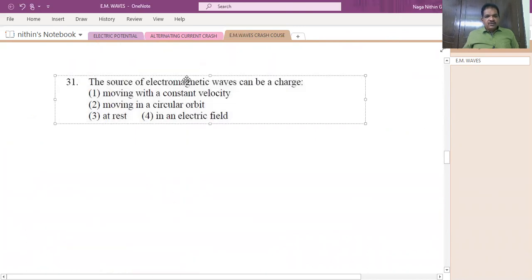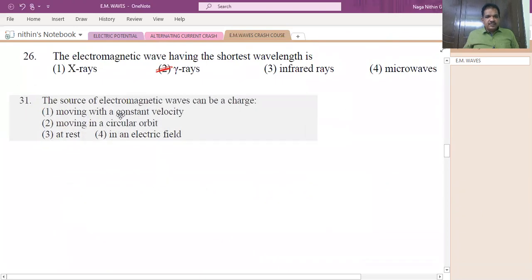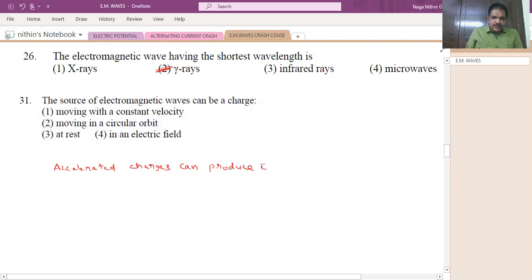Next. The source of electromagnetic waves is caused by accelerated charges. Accelerated charges can produce electromagnetic waves.